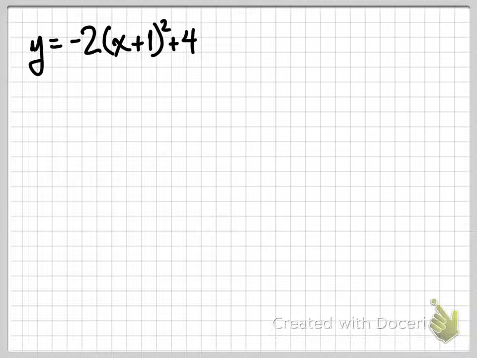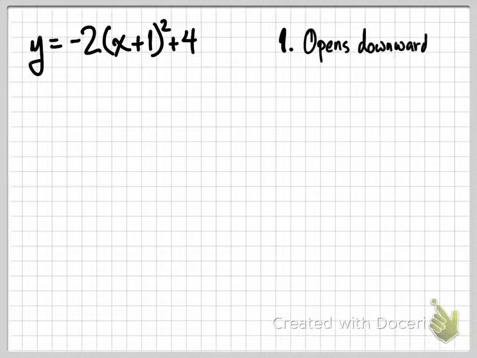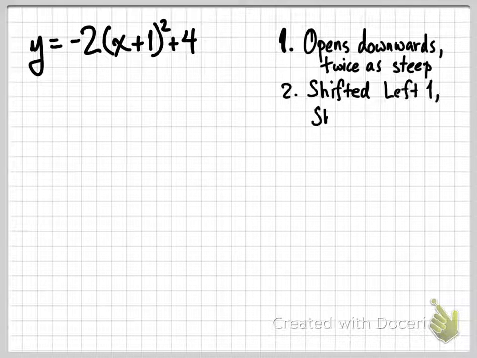Well, that -2 means that the parabola opens downwards because of the negative sign, and the 2 means that it is twice as steep. That 2 is kind of like a scale factor on the parabola. It makes it twice as steep. The +1 inside the parentheses there means that it is shifted left 1 unit, and the +4 on the outside of the parentheses means that it is shifted up 4 units.